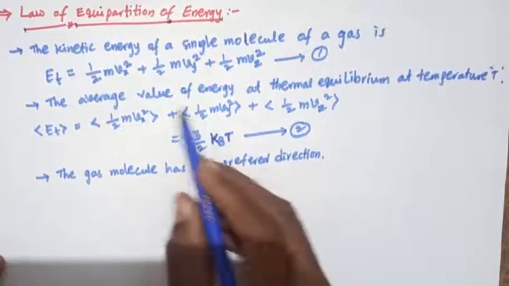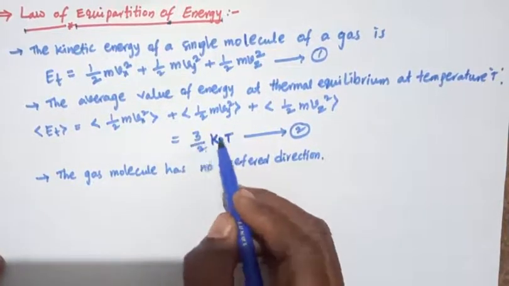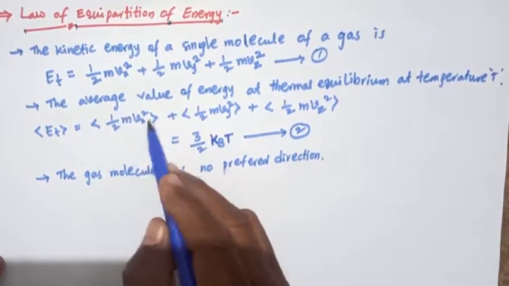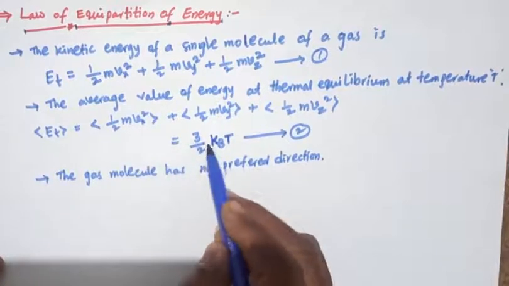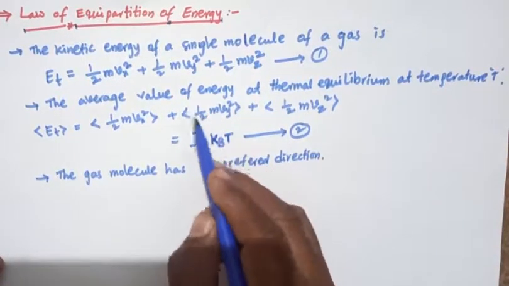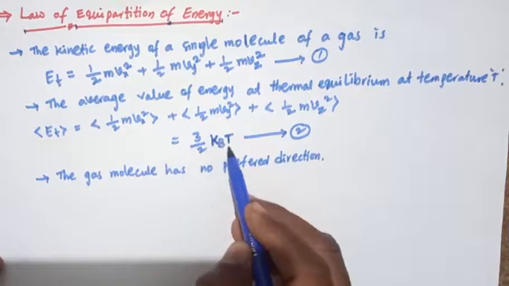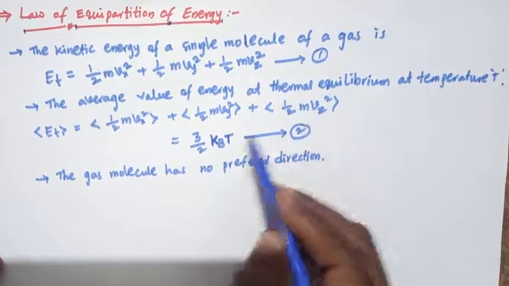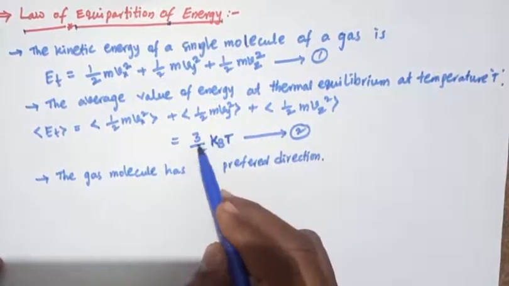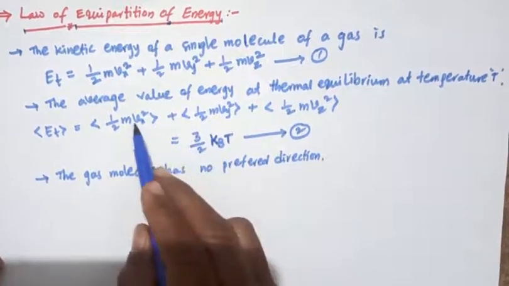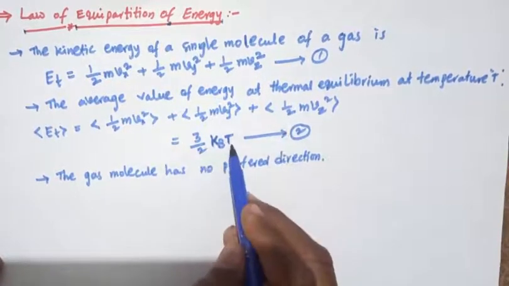Then we can take these terms as: along the x direction half kBT, along the y direction half kBT, and along the z direction also half kBT. Total 3 terms, 1 plus 1 plus 1, 3/2 kBT.